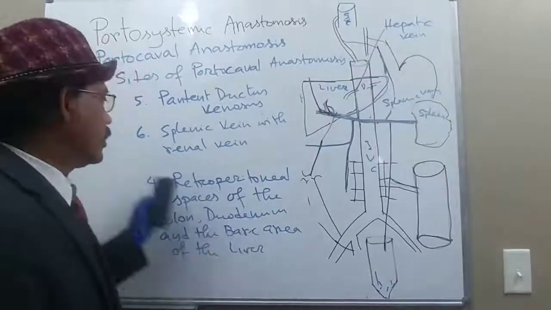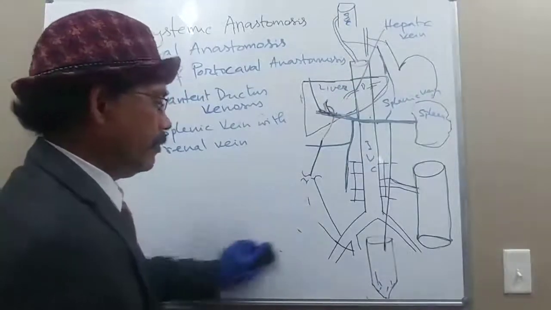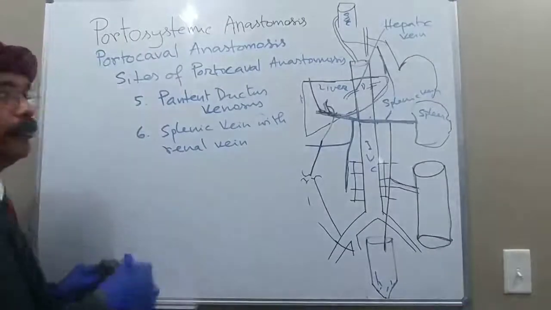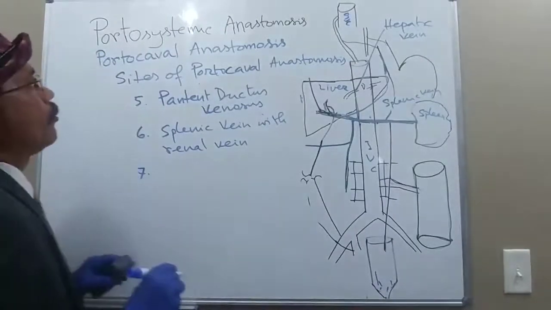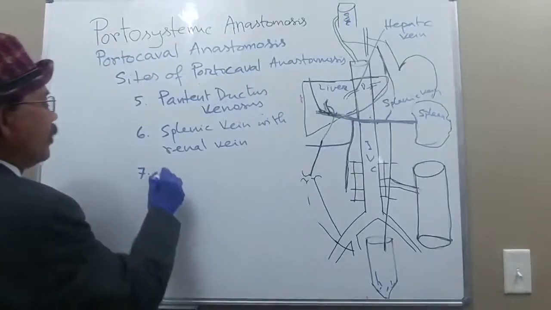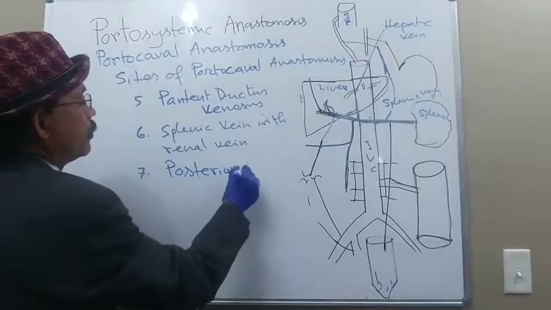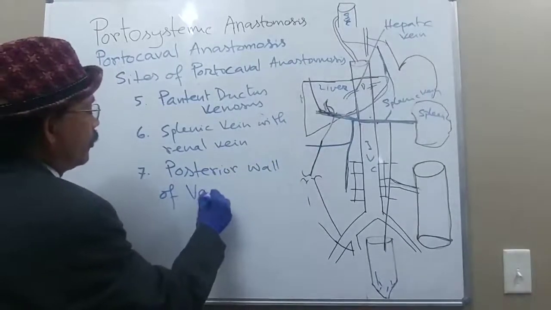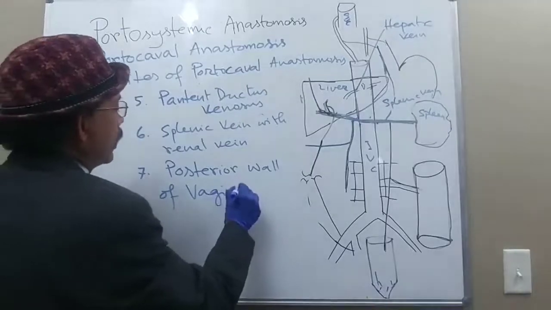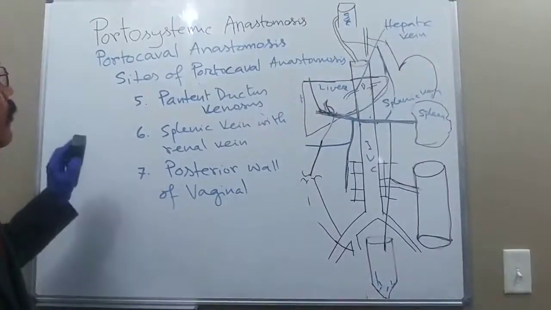It may be iatrogenic, or done by the surgeon due to some indication to manage portal hypertension. Or there may even be a portosystemic anastomosis at the posterior wall of the vagina, between the rectal vein and the vaginal vein. Okay, so we'll start with only one.